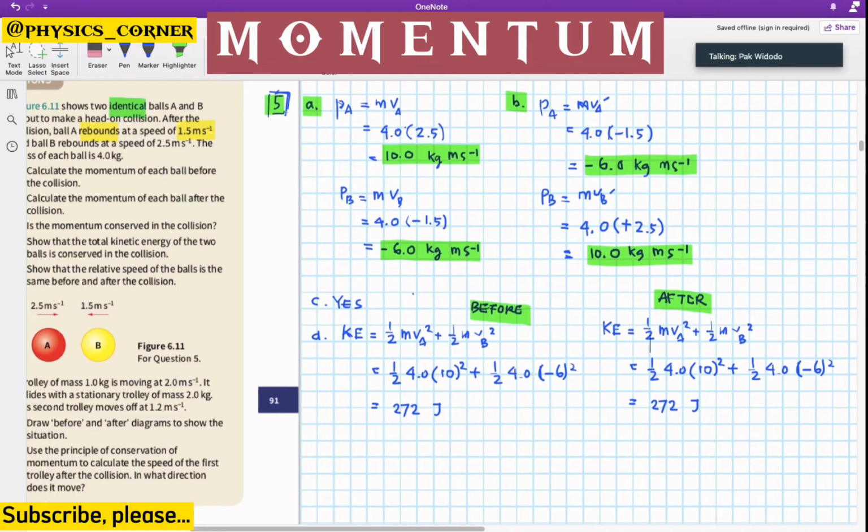Oh my god, I'm wrong. 10 is momentum. Sorry, this is wrong. This is 2.5. This is negative 1.5.